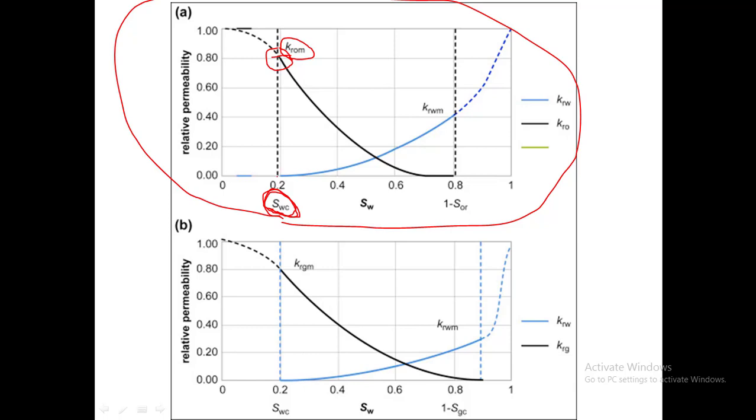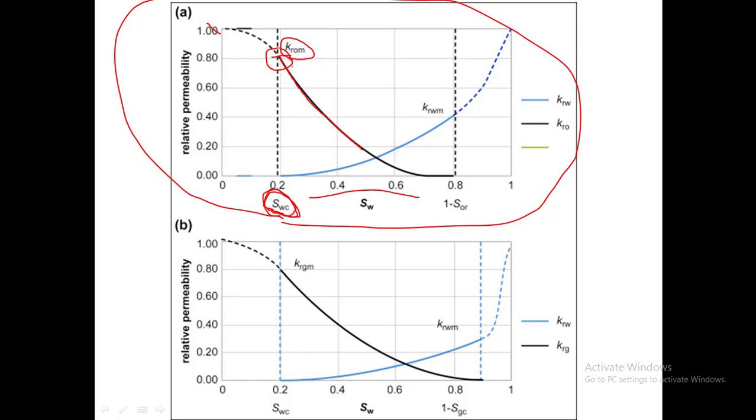At connate water saturation, the permeability for oil to move will be maximum. And as water saturation increases with time, the relative permeability decreases. The only reason is that the saturation of oil gradually decreases.